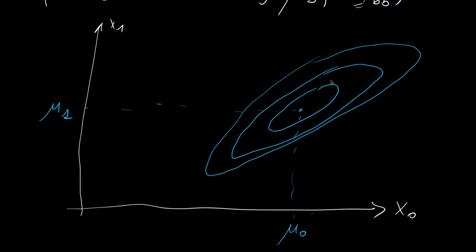Well, then let's investigate the contour lines. So we see they are no longer axis aligned, meaning that we have some covariance involved here. And I think it's also visible that the overall variance or standard deviation in x0 is a little bit greater than it is in the x1 direction.